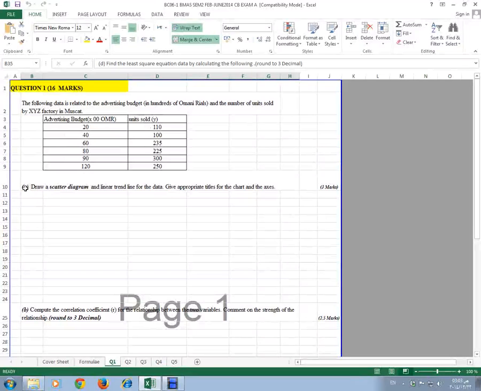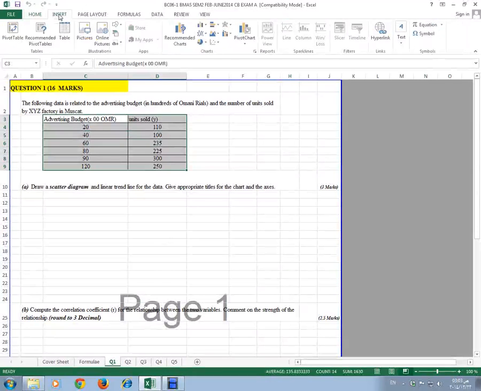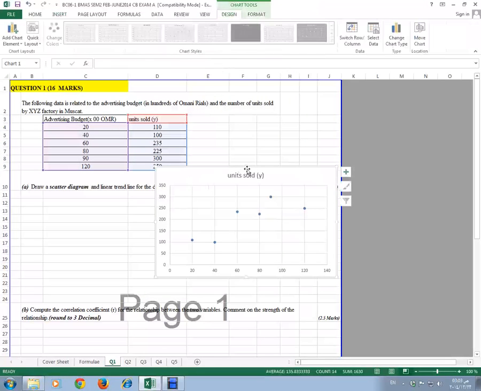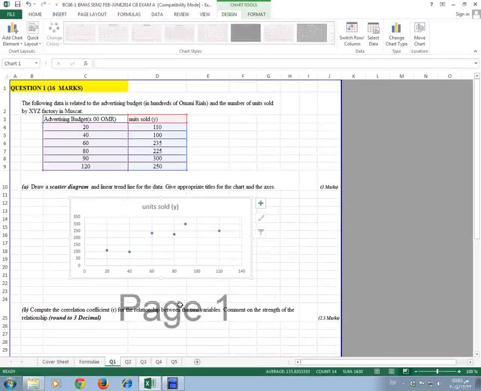Sub-question A: draw a scatter diagram and a linear trend line for the data. Give appropriate title for the chart and the axes. To draw the scatter diagram, highlight the table, and from the menu click Insert, then select scatter diagram, the first one, and this will show you the graph.